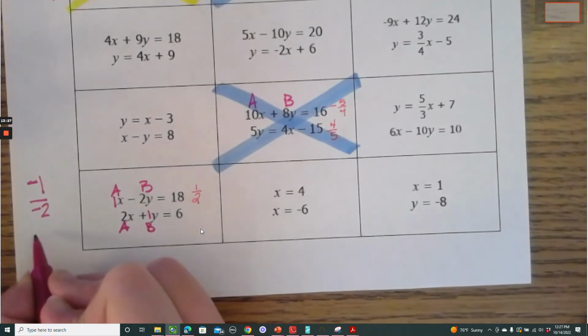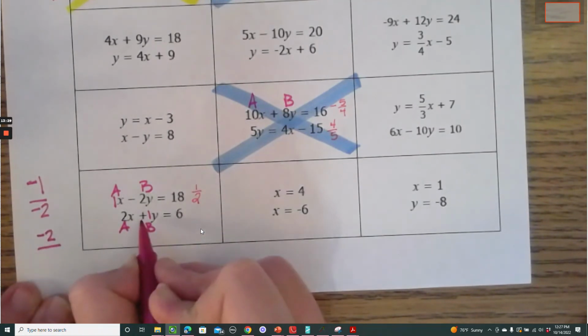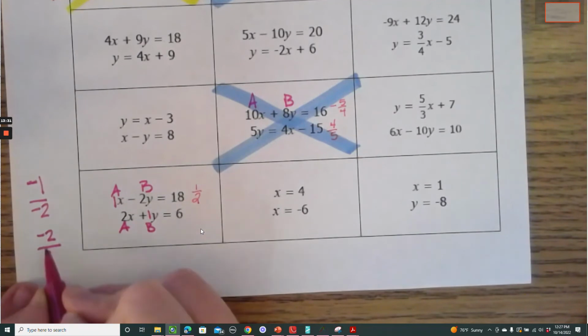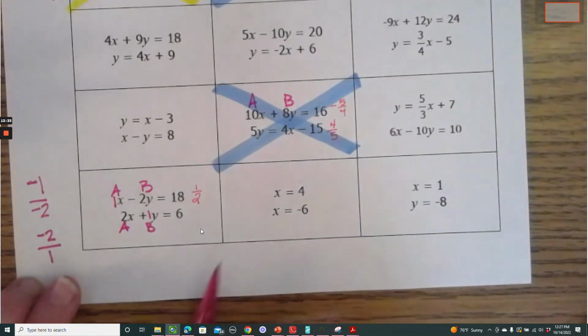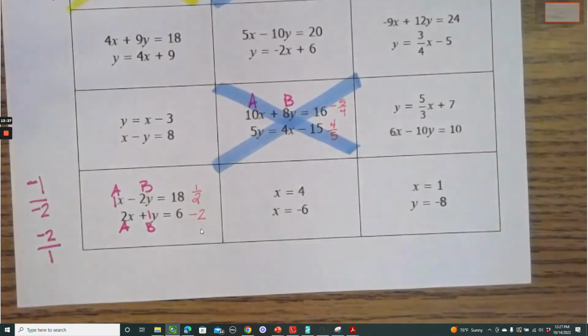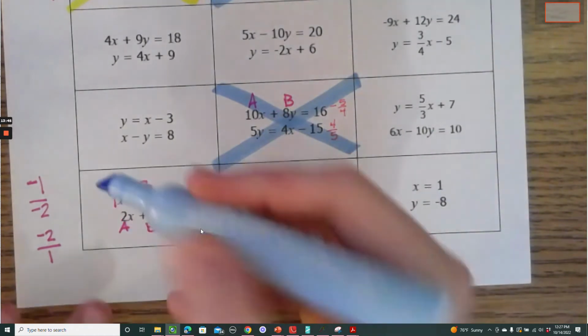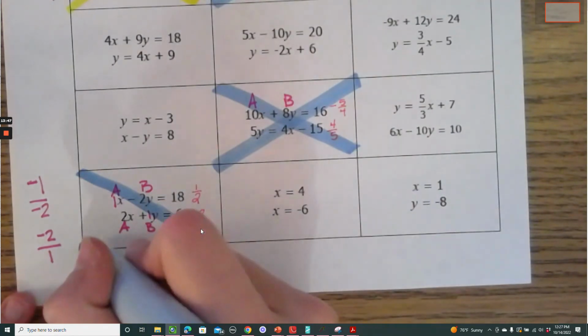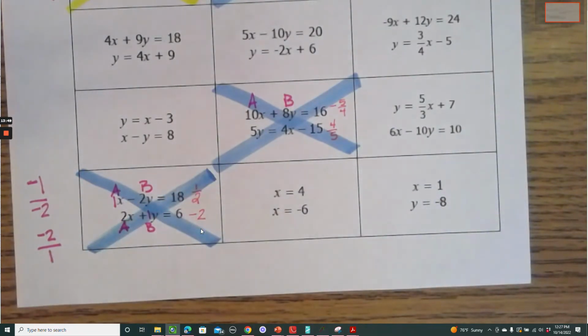Negative A, so negative 2 over B. B is a 1. Negative 2 over 1 is negative 2. Are those reciprocals? No. Wait, yes. 1 over 2 and 2 are reciprocals. Are the signs different? Yes. So they're negative reciprocals. They're perpendicular.